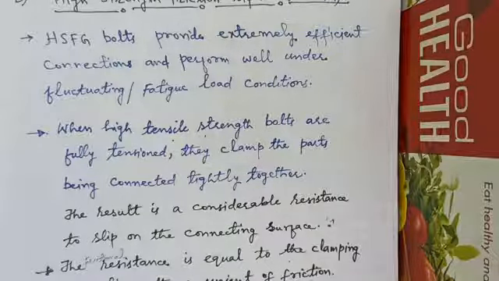This friction is developed by applying a load normal to the joint by actually tightening those bolts to proof load. That is why these bolts are also called friction type bolts.